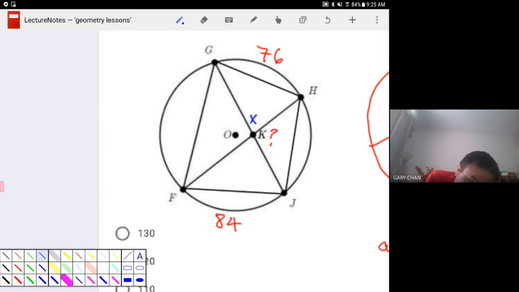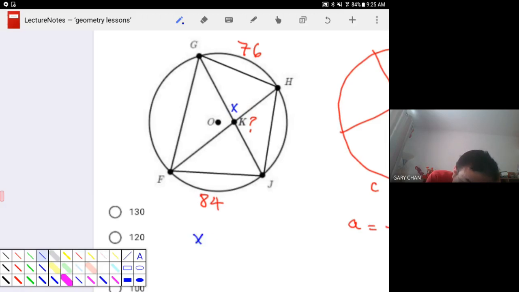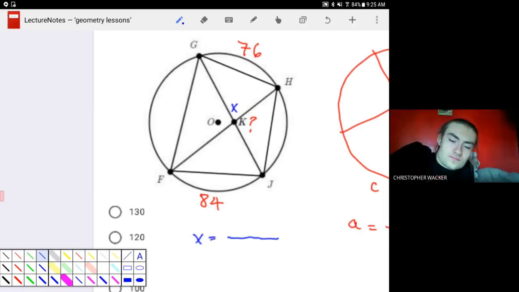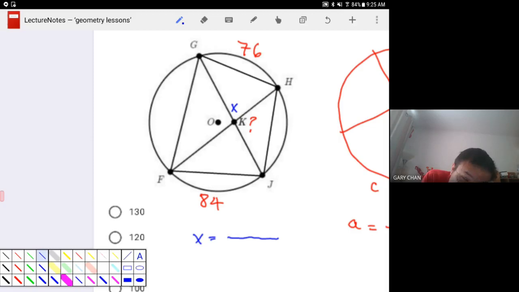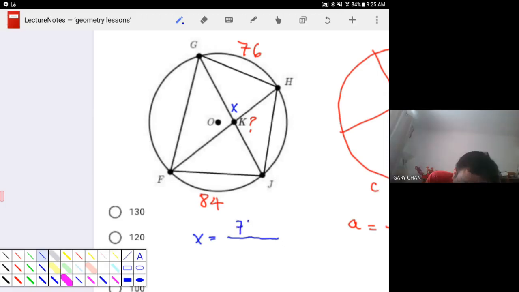Right. So what Kira said, just to recap again: we're going to find out what this angle over here is first. We're going to call that X, right? X is equal to what's arc B and what's arc C again? B is half of 76, which is 38. So 76 and 84 all divided by 2.